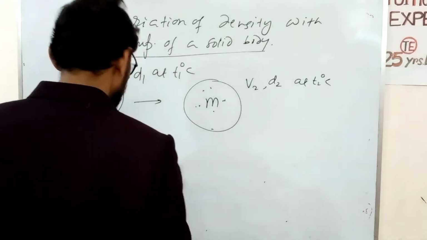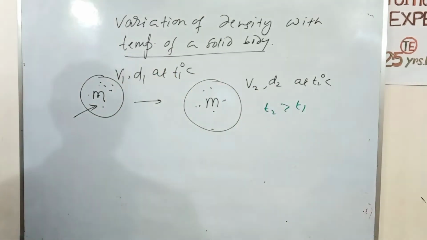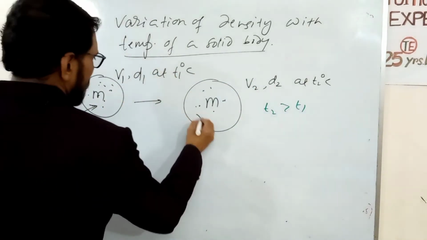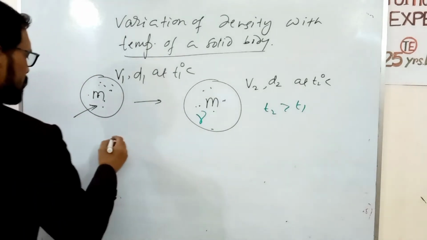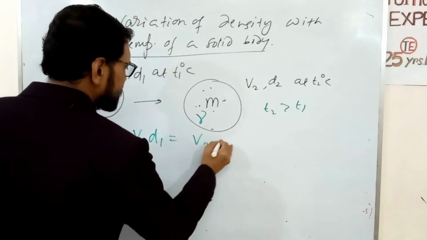So T2 is greater than T1. Now we find the relation between D2 and D1. Suppose gamma is the coefficient of cubical expansion of the body. Now we know mass equals volume into density.